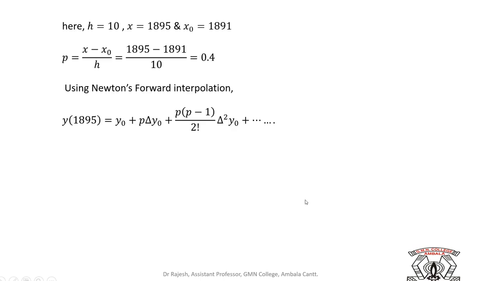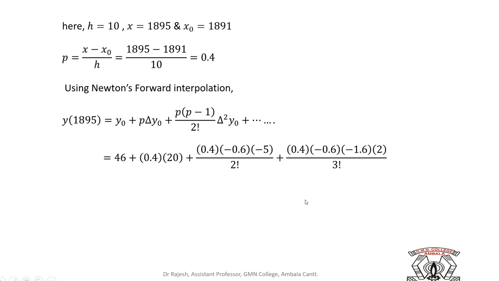So these values are put over here. This when calculated gives 54.852. So this is the population of the town in the year 1895.